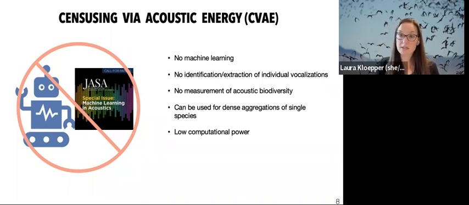So we know there's a single species there. We want to try to estimate the number of individuals of that single species. We cannot physically separate individual vocalizations.